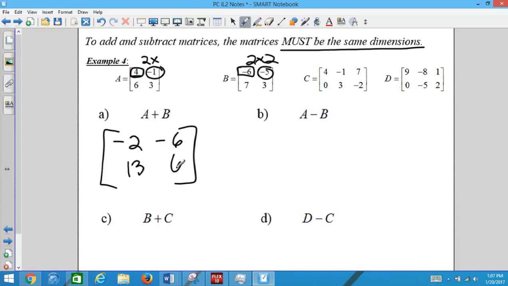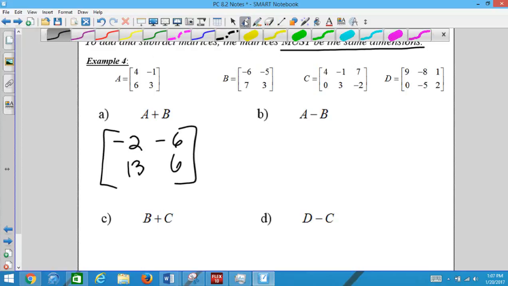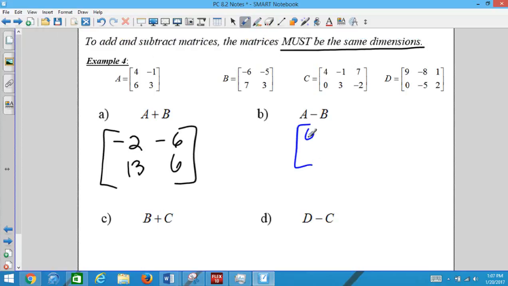Now, when you go to do B, people make silly mistakes sometimes. I personally like to not subtract, but I like to add the opposite. You know what I'm saying? Where you change the signs of B. So I have positive 6, positive 5, negative 7, negative 3, and then just add those to A rather than subtracting.